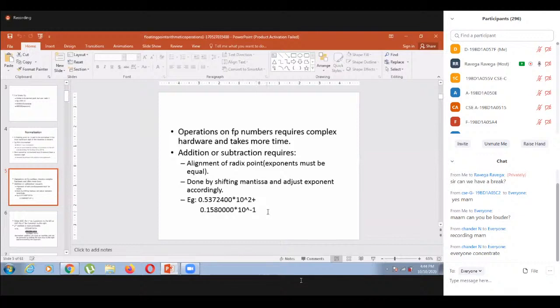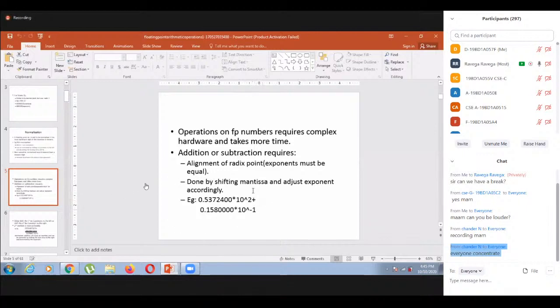So how to perform the addition or subtraction operations in floating point numbers? First, align the exponent value so that it is the same for the two numbers. Then you perform the addition or subtraction. Here the first number has exponent 10 to the power of 2 and the second number has 10 to the power of minus 1.